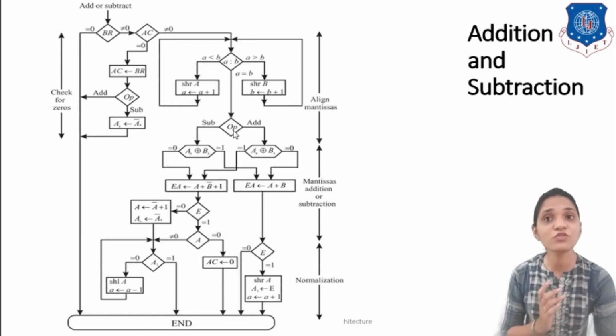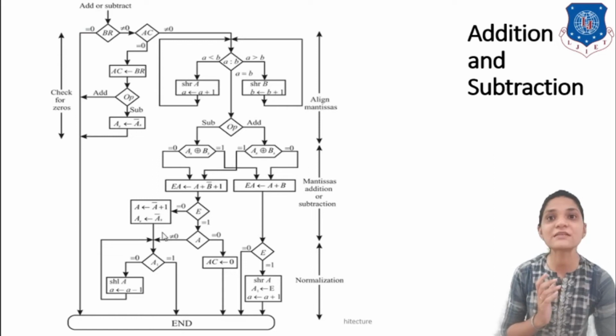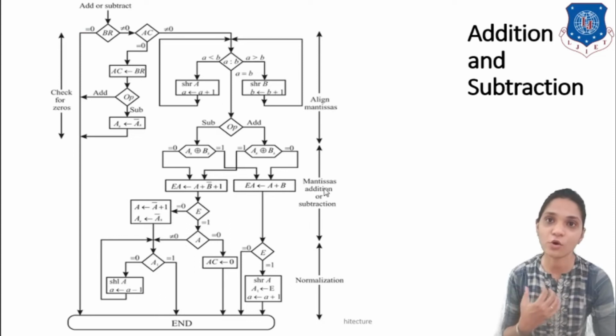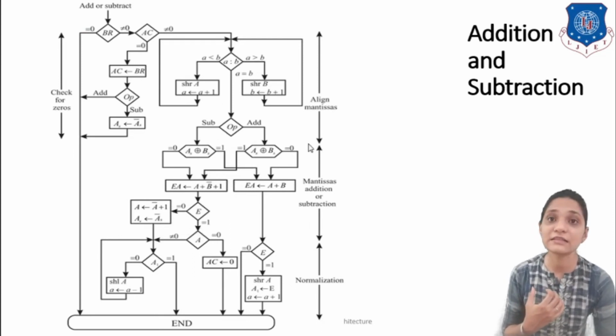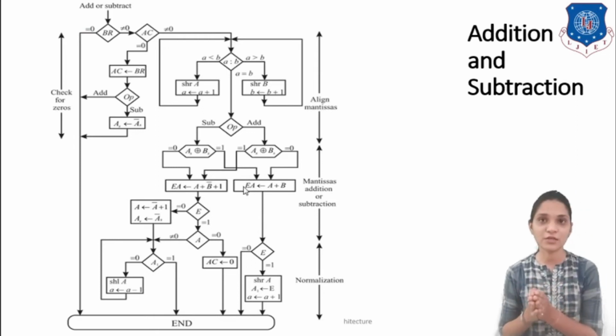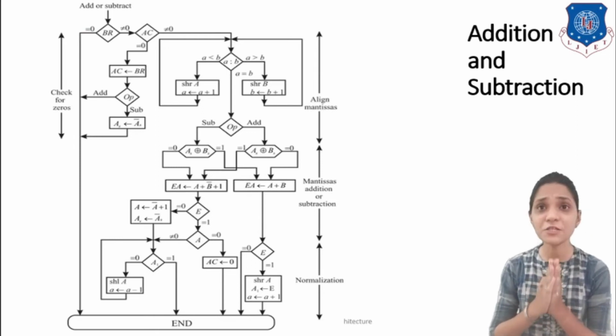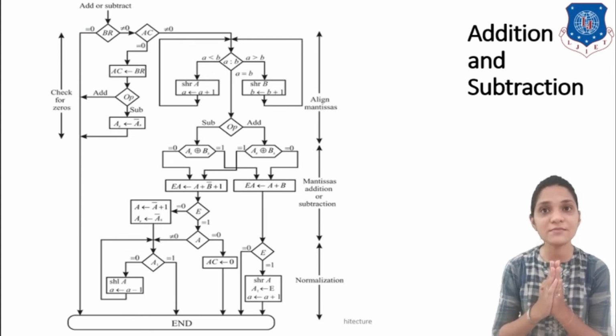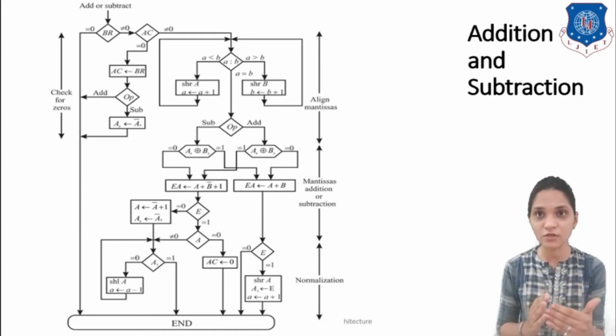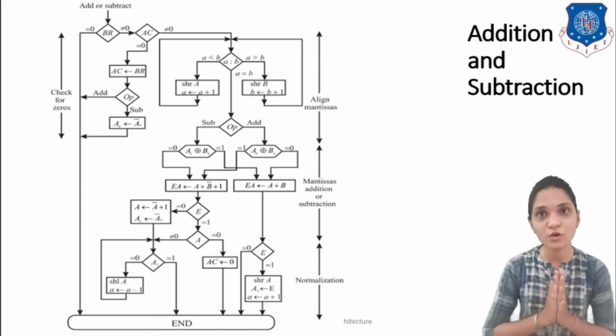Okay. Then you have to check for the operation. This is basically the same structure that we have used for the addition or subtraction. If your addition operation is there, you have to check for the sign, whether both numbers are positive or negative. If your operation is addition and both numbers have the same sign, whether positive or negative, that means you will do the addition operation.